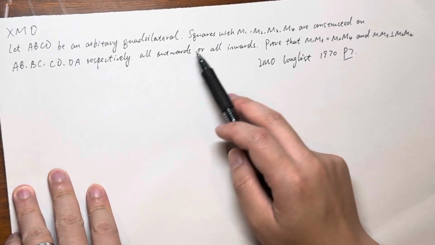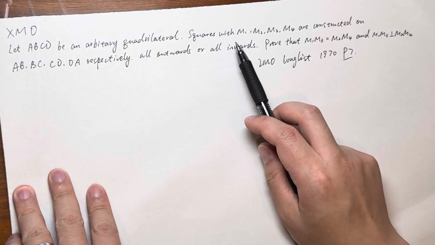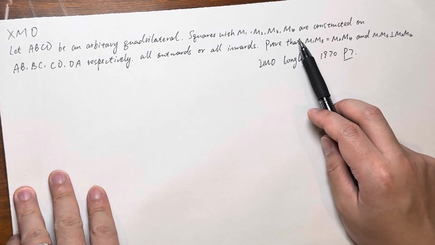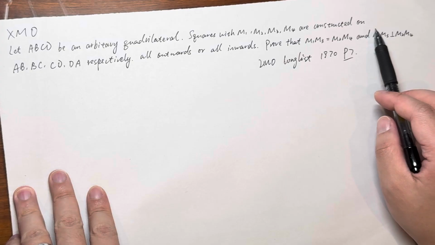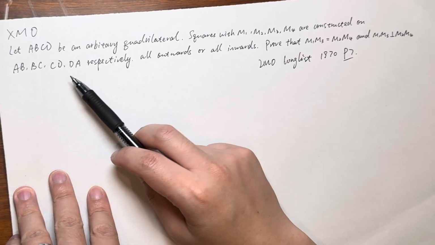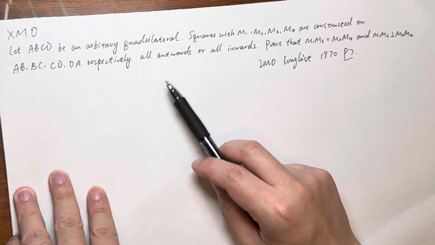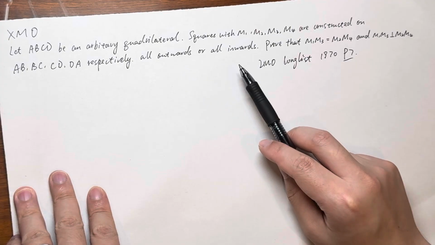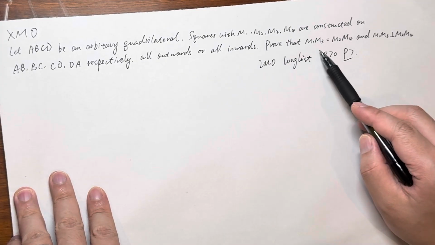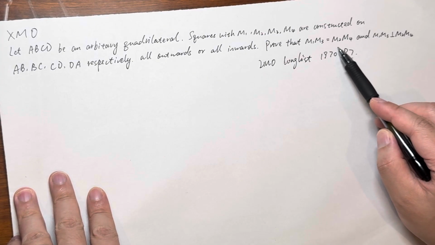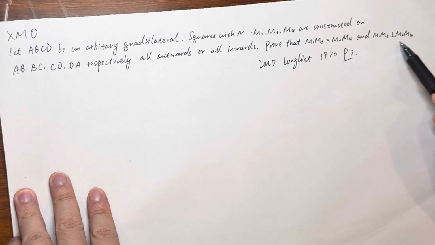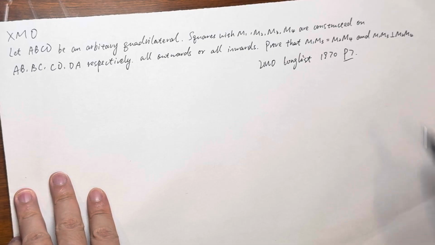Squares with centers M1, M2, M3, M4 are constructed on AB, BC, CD, DA respectively, all outwards or all inwards. Prove that M1M3 equals M2M4 and M1M3 is perpendicular to M2M4.